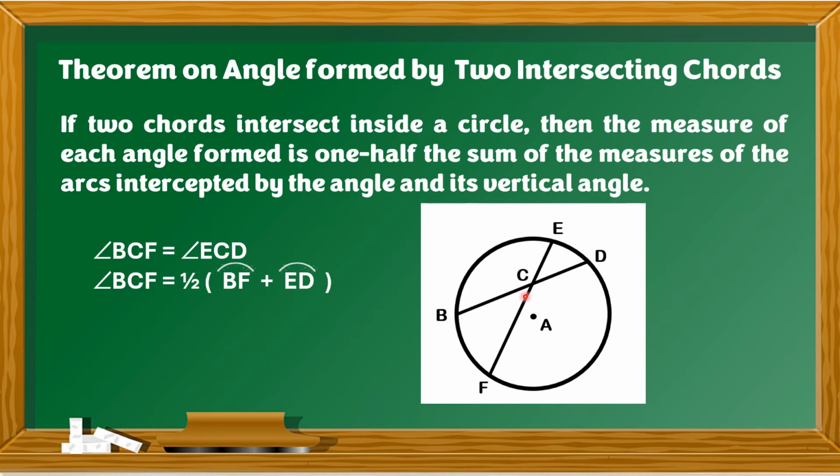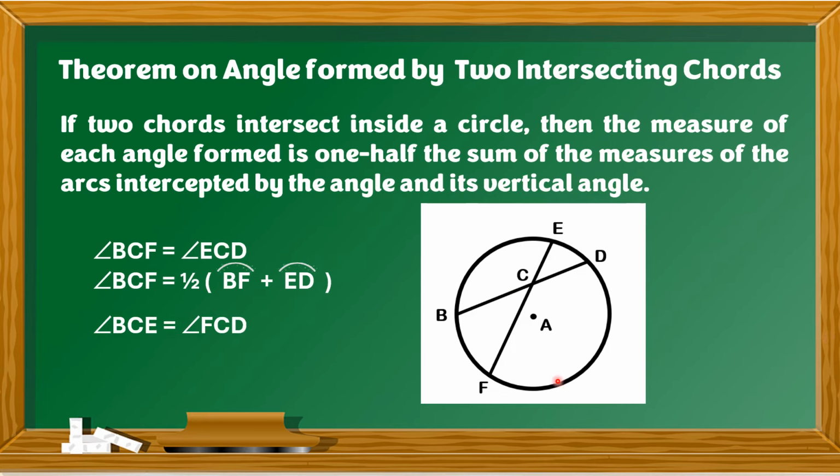The intercepted arc of angle BCF is arc BF, and the intercepted arc of angle ECD is arc ED. That's why we have angle BCF is equal to 1/2 times arc BF plus arc ED.